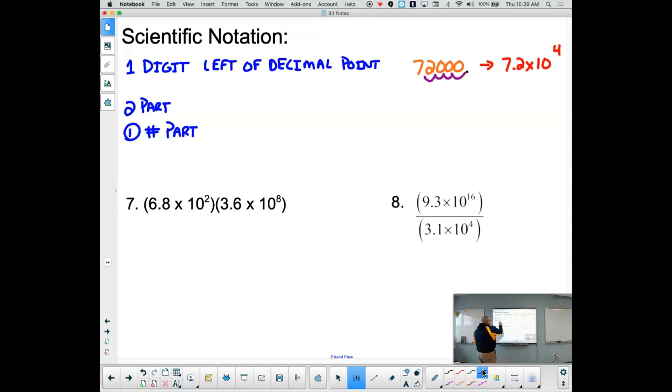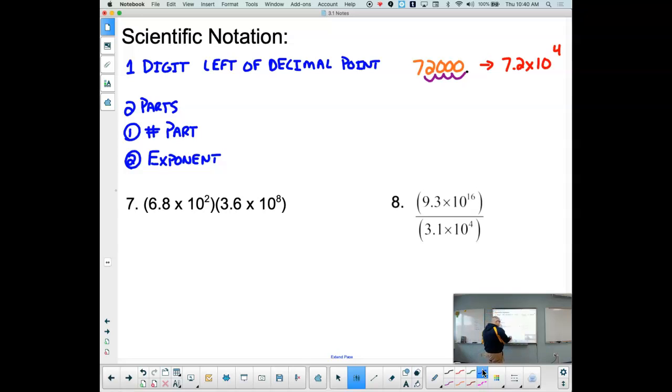If you're dividing, divide the numbers. Okay. Then the second part is going to be the exponent. If you're multiplying, you're going to add the exponents. If you're dividing, you're going to subtract the exponents, top minus bottom.